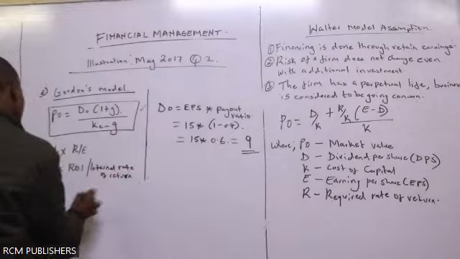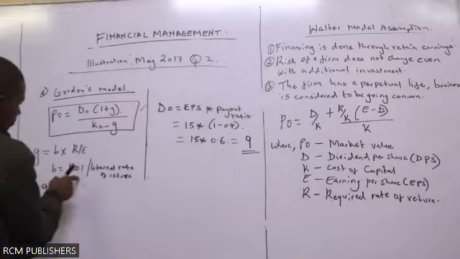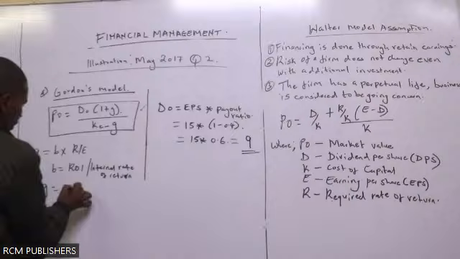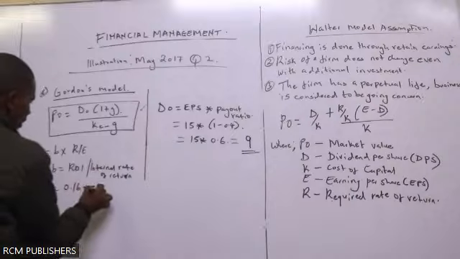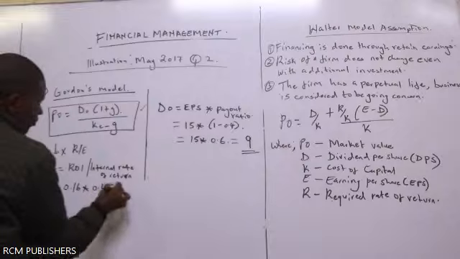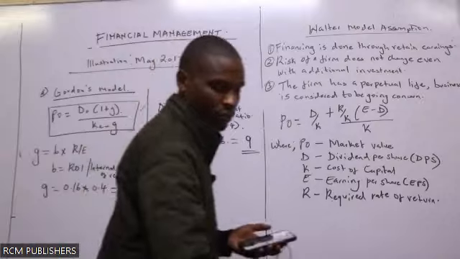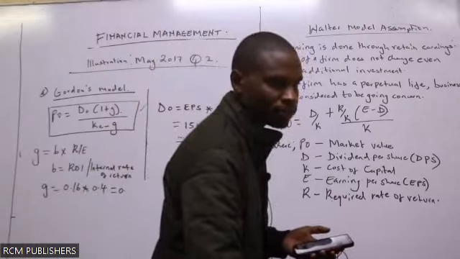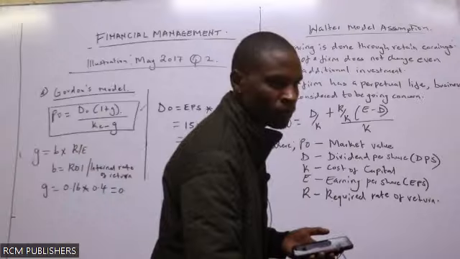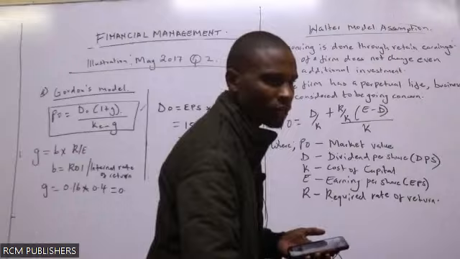So for me to get G, I take my r, which is 0.16, and multiply by the retention ratio, 0.4. That gives 0.064.